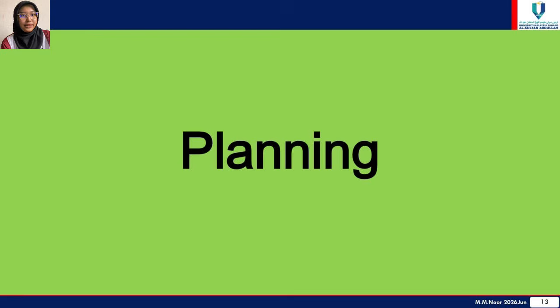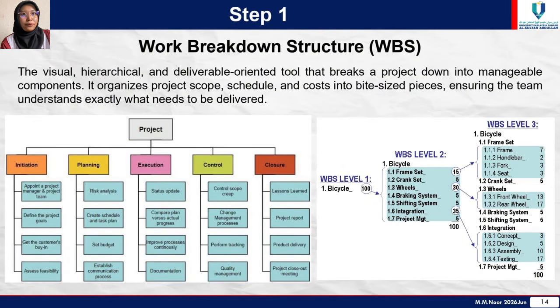Second phase, planning. Step 1, work breakdown structure, known as WBS. It is a visual, hierarchical, and deliverable-oriented tool that breaks a project down into manageable components. Basically, for the WBS, we can split each component, and the component must have sub-components.